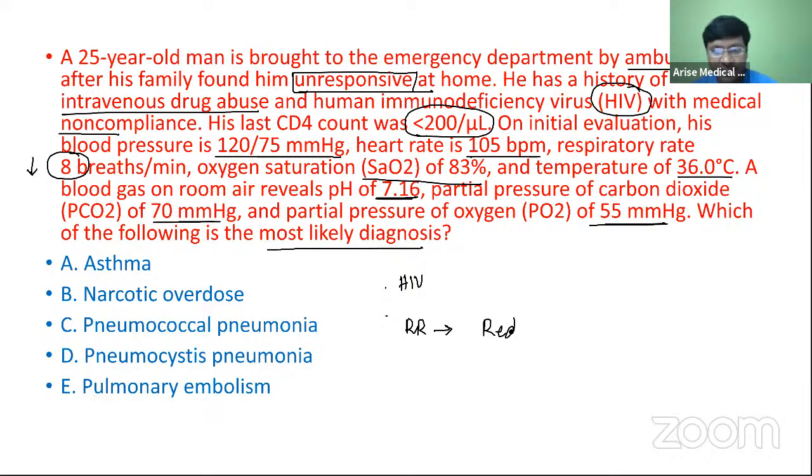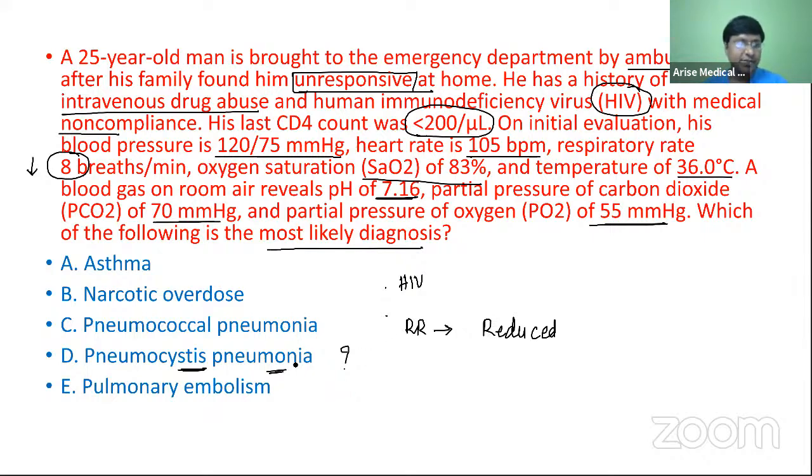Avinash, please tell me, in PCP pneumonia, is the respiratory rate reduced? The respiratory rate is 8 breaths per minute. So all those who have answered D, what will happen to the respiratory rate in case of PCP pneumonia?